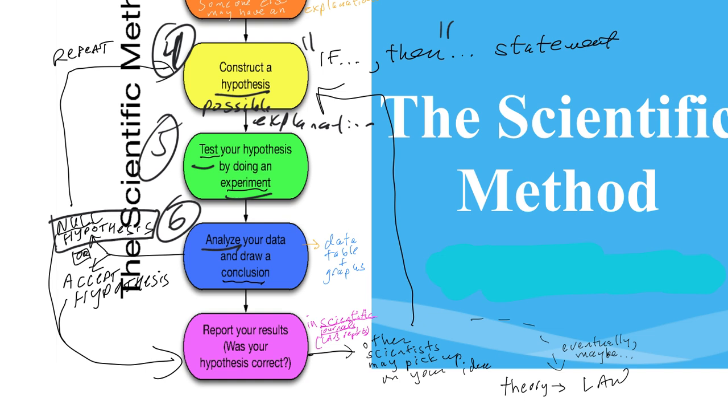That is called a null hypothesis. Null means nothing. So the hypothesis has been disproven by my experiment, and I will go back to step 4 and construct another hypothesis.